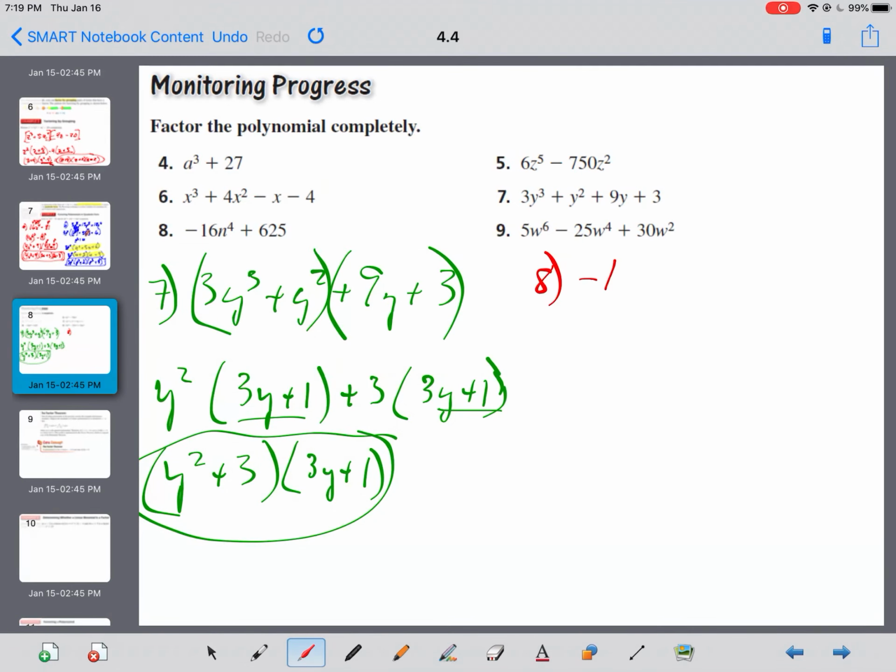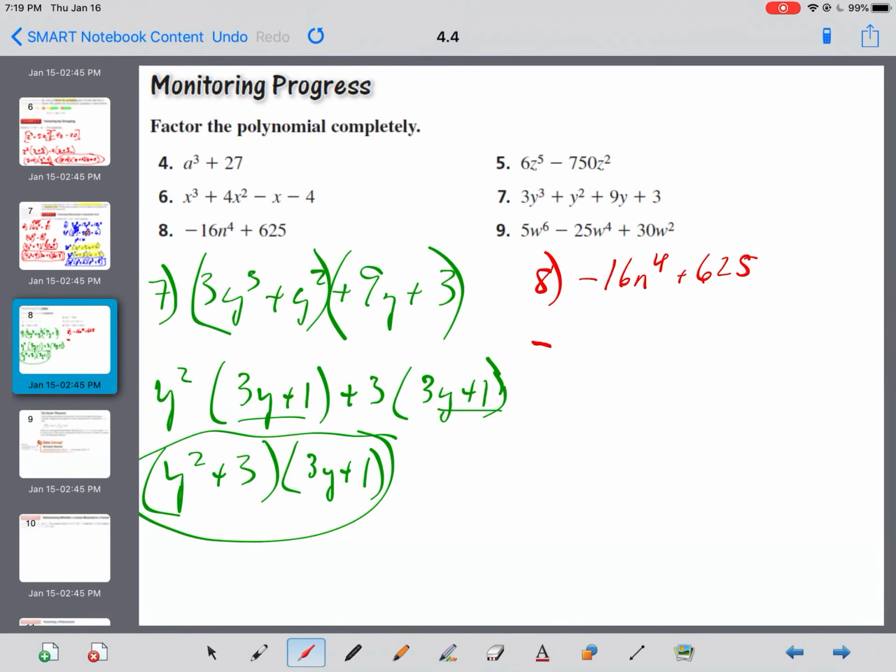Let's look at 8. Negative 16n to the 4th plus 625. It's a plus, it's 2 parts, so squared isn't going to cut it. Okay, that's not going to work really, unless I pull out a negative number. That negative 16 is a clue, so I'm going to pull out a negative number.